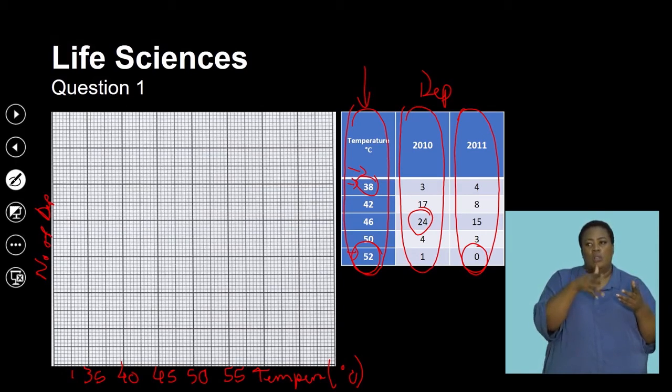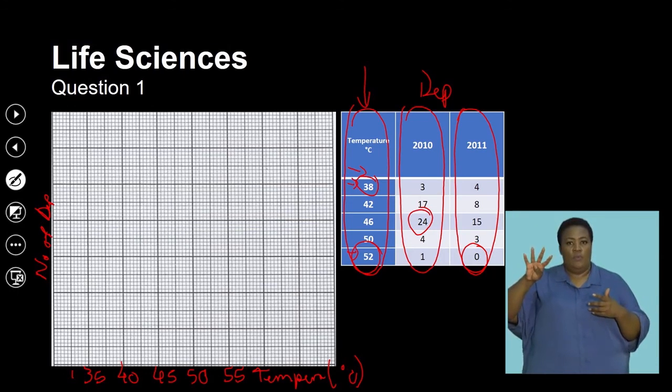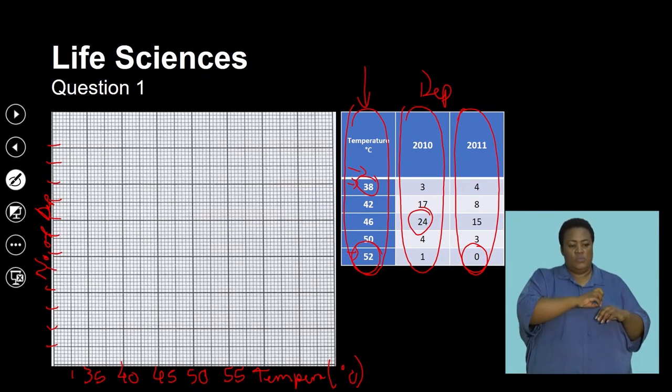I will then have to illustrate my lowest value, and in this case the number of deaths starts from 0 and the highest is 24. So if I go 2, 4, 6, 8, 10, 12, 14, 16, 18, 20, 22, 24, that would be my scale, going up in intervals of 2.